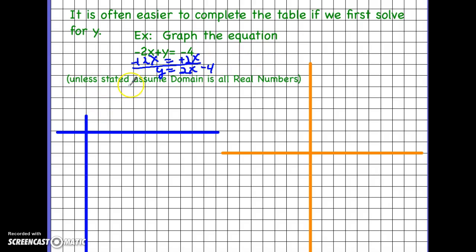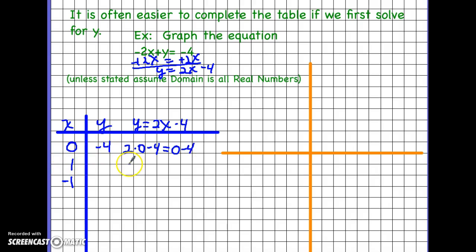Notice, as it says here, that unless it's stated otherwise, we can assume that the domain is all real numbers. So that means I can put in any values I want for x. So if I put in the same values, 0, 1, and -1, notice that it will be much easier now to solve because I know that y is 2x minus 4. So when x is 0, I'll have 2 times 0 minus 4, which is 0 minus 4, or -4.